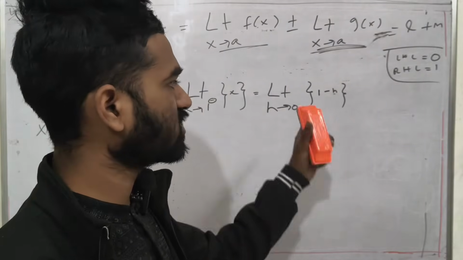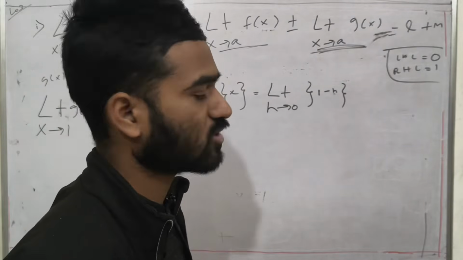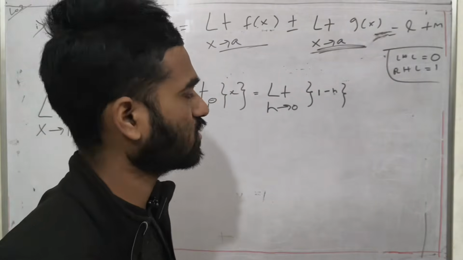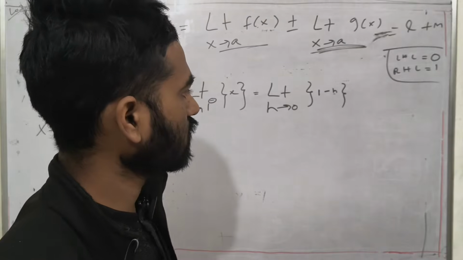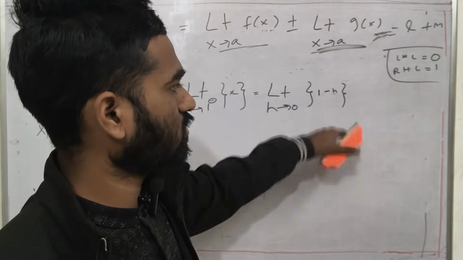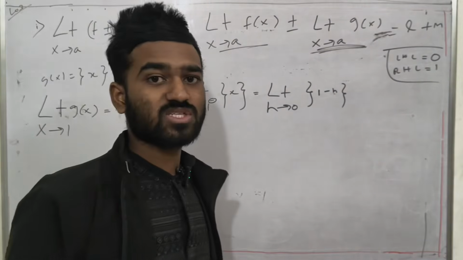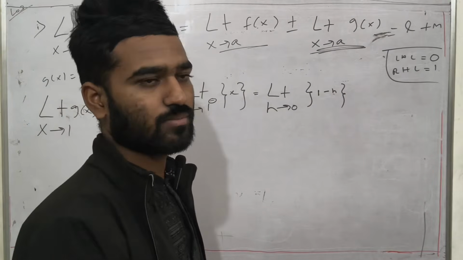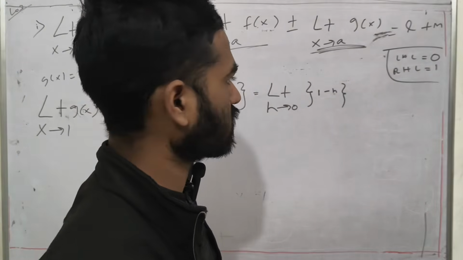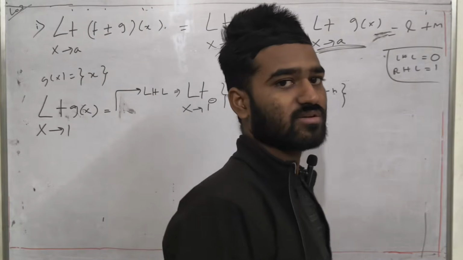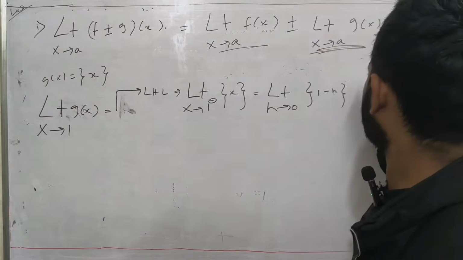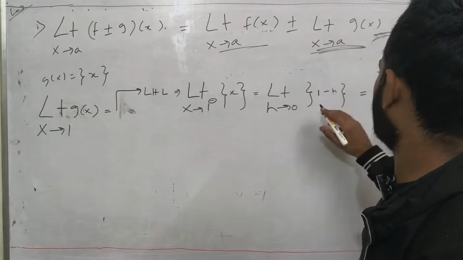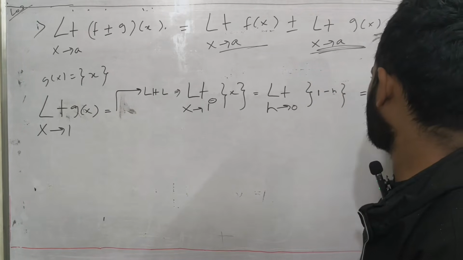Why? Because h is very small, so 1 minus h is less than 1 and greater than 0. So flower part of 1 minus h must be equal to 1 minus h only, because here the integral step x is 0. So we can write this as 1 minus h only.